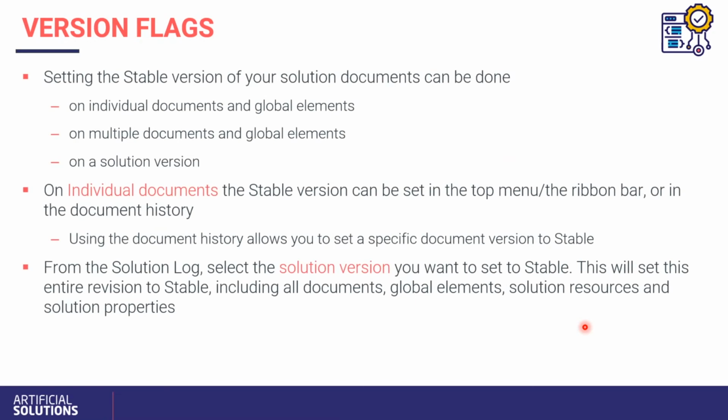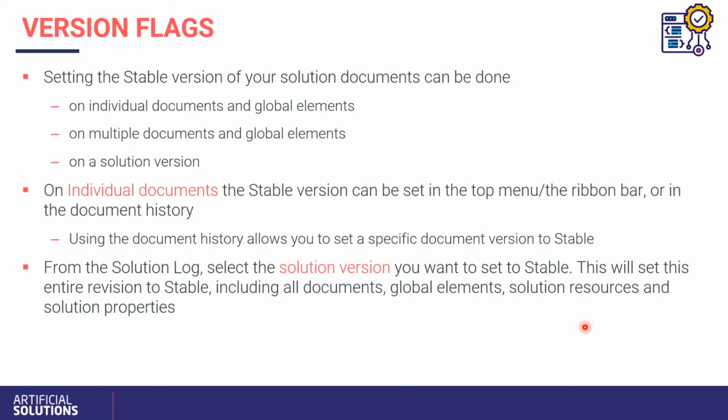You can do it in different ways. You can do it either individually on each individual document or global element, or you can select multiple, on a folder, for instance, and then do it like that. Or you can select an entire solution version. That already points to one of the other new features that we have with versioning on the solution.